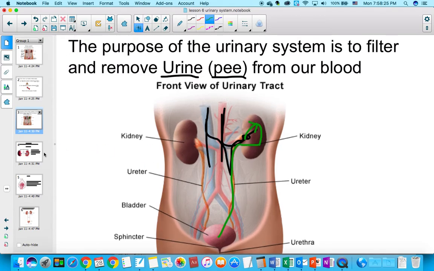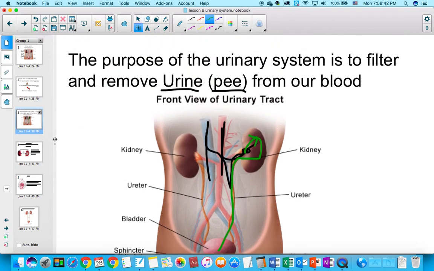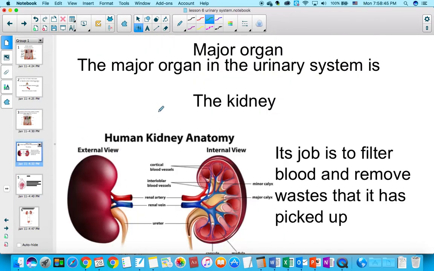We're going to talk about it in a little more detail, but all it is is blood goes into the kidneys, waste is pulled out of it by the kidneys, and then it flows down the ureter into the bladder, and then the urethra is the channel or the tube that pee will leave through. So, major organ, the kidney.